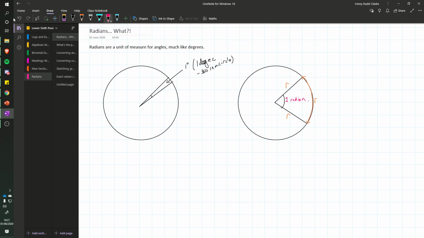And we can immediately think why this might be quite a nice way to measure the size of an angle, because what I might want to think about is, how many times will a radian fit into a circle? What I'm essentially saying is, how many of these wedges can I fit if I stack them inside the circle?